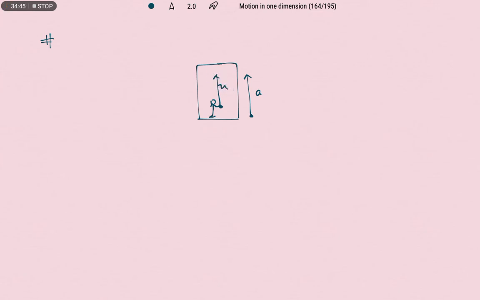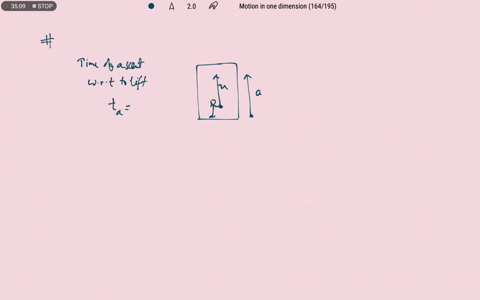So when he throws a ball vertically upwards, we need to find what will be the time of ascent with respect to the lift or elevator. With respect to the lift or elevator, the object is moving upwards.